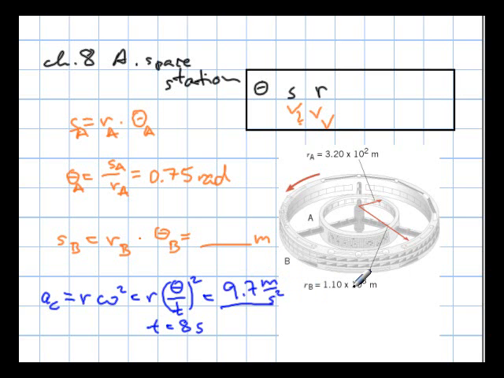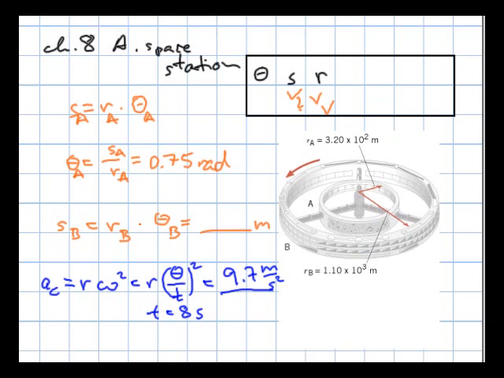You can see why I chose 8 seconds for these 45 degrees that it rotates, because that gives me the acceleration due to gravity that we're used to here on Earth. Of course, here it's the centripetal acceleration. It's not caused by gravity, but by the support force of the outer rim.